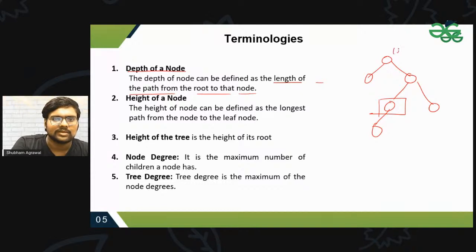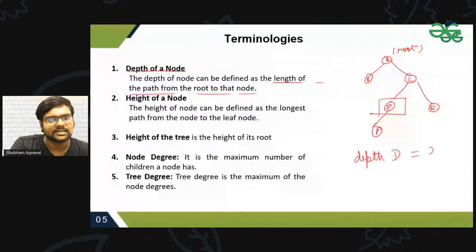Okay, so the path length is 1, 2. So the depth of this node, suppose the nodes are A, B, C, D, E, and F. The depth of D is 2, because from root to D there is a distance of 2.